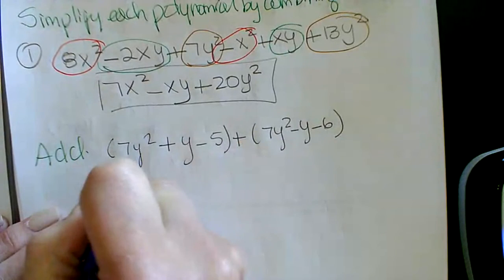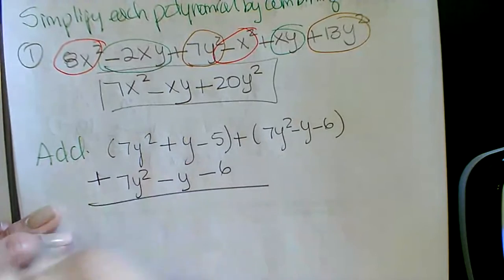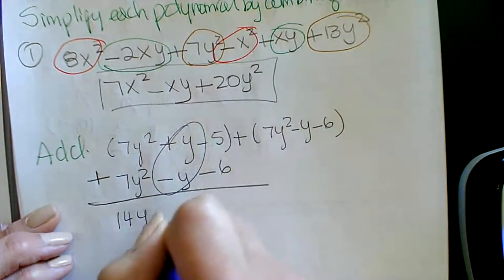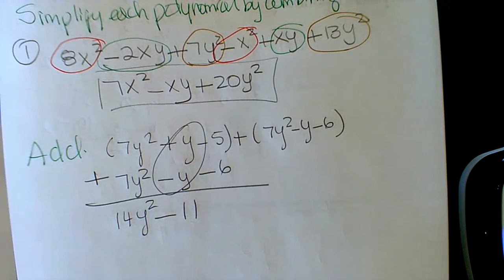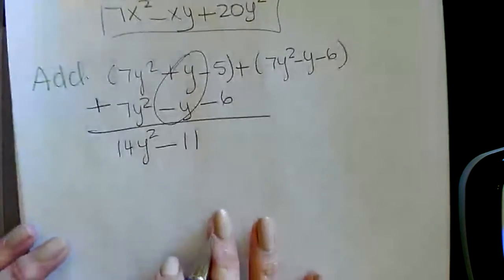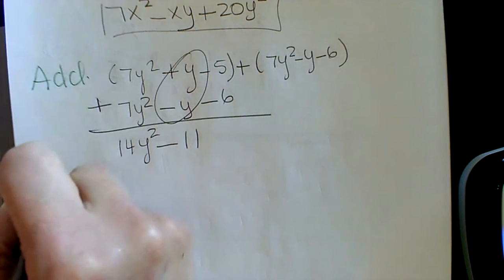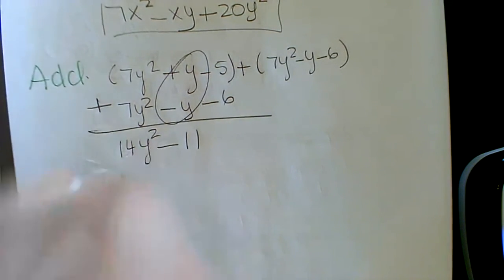So this is going to be, so this is 14y. I'm not going to have a square, a y and -11, minus 11. Okay. For example, another one. I think you guys got the idea.